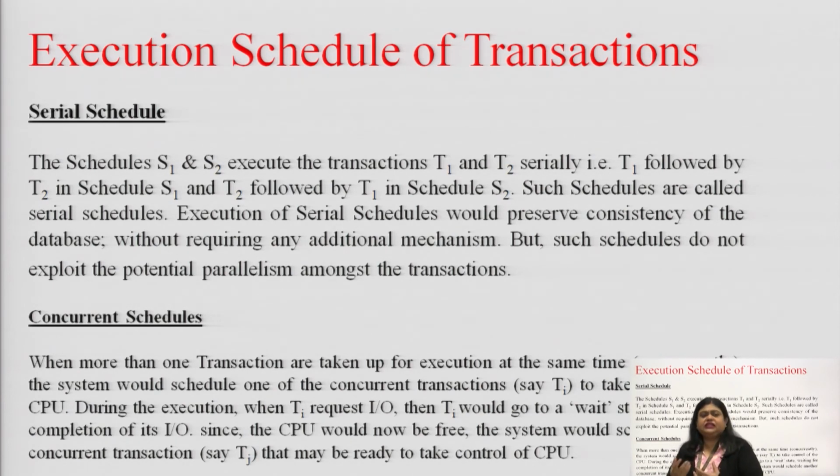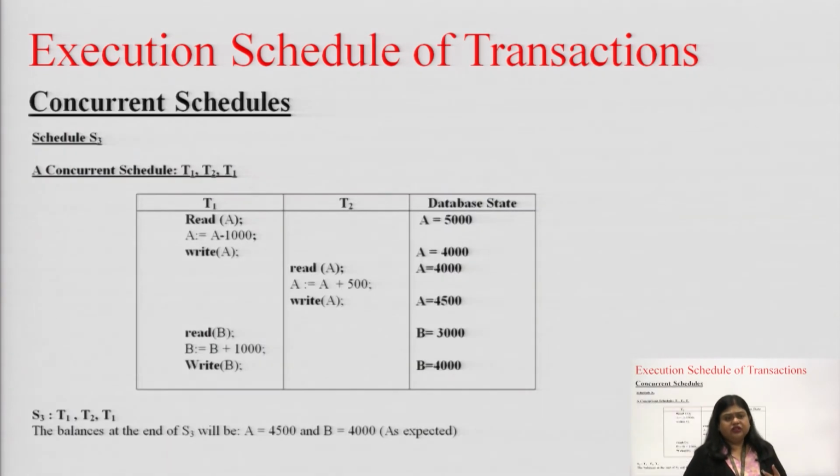That means, as soon as transaction T1 goes for an IO, the CPU moves to transaction T2. As soon as transaction T2 also goes for IO, the CPU moves back to transaction T1. So, this is how interleaving takes place. Let us see how concurrent scheduling works.